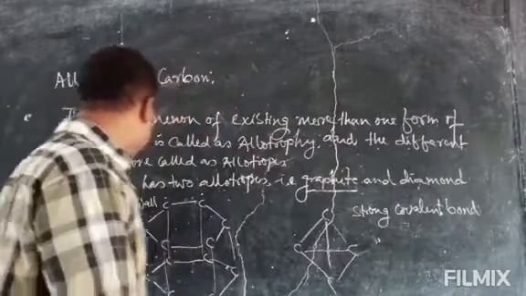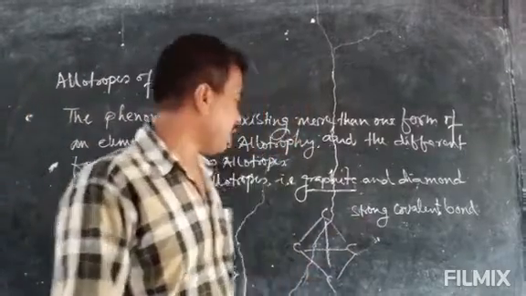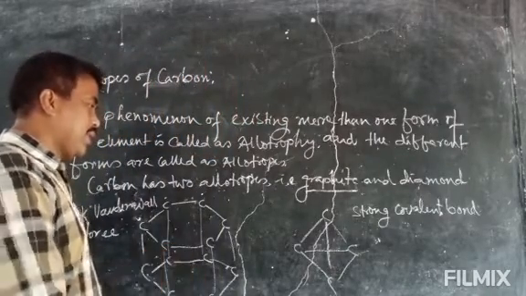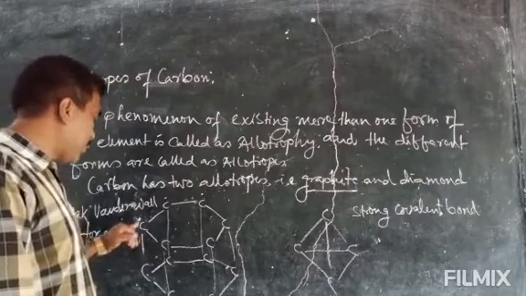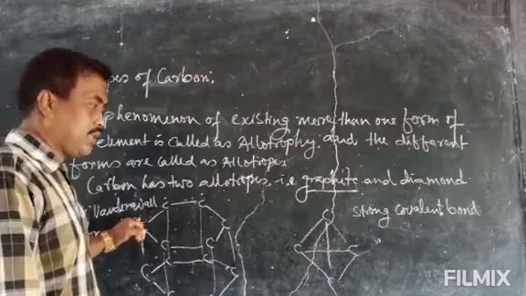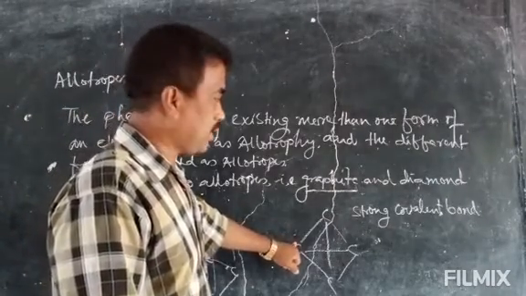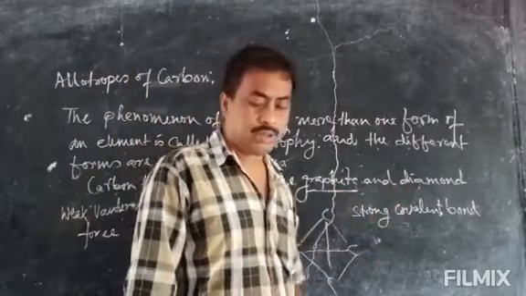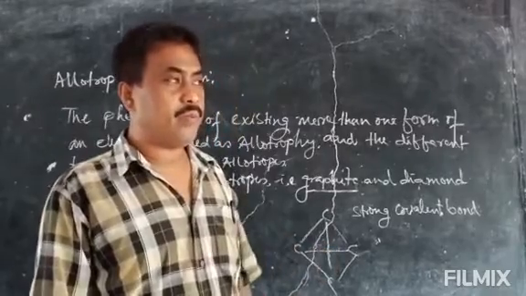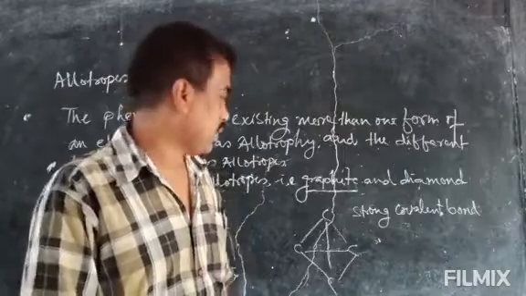The force is weak in one and strong in the other, so the melting points differ. Because of free electrons, graphite is a good conductor of electricity, whereas due to the absence of free electrons, diamond is a bad conductor. And because of its hardness, diamond is used to make grinding tools or to cut glass.